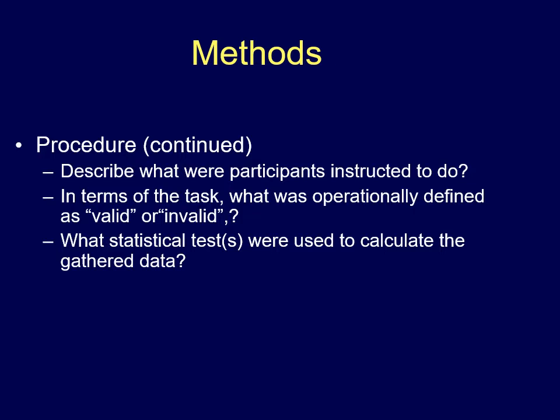If the pre-queue and the actual target appear on opposite sides, that would be an invalid trial. And the last thing you want to talk about is what statistical tests were used to analyze the gathered data. I'll tell you right here, that would be the paired t-test. So definitely have that as the last thing in your methods.